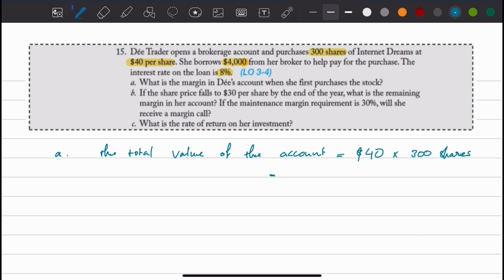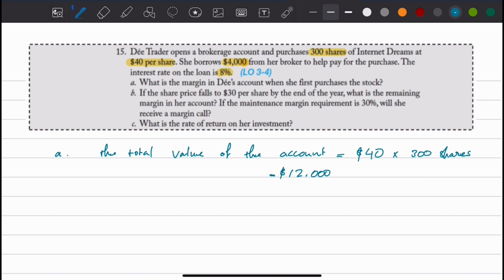Go to our calculator, 40 multiplied by 300, and that's going to be $12,000. Now, we already know how much D had borrowed. So now we can take the total value of the account, subtract how much D had borrowed, which is the 4,000, and we get her equity, right?